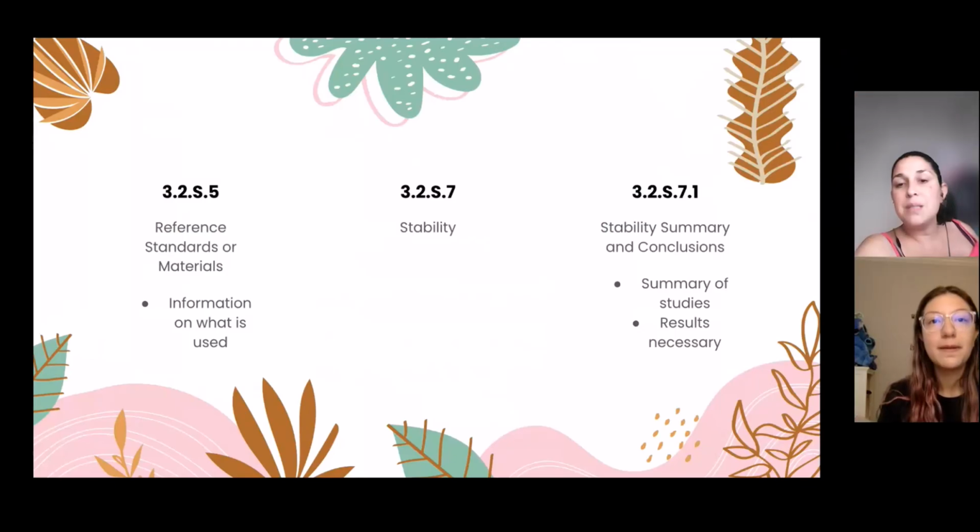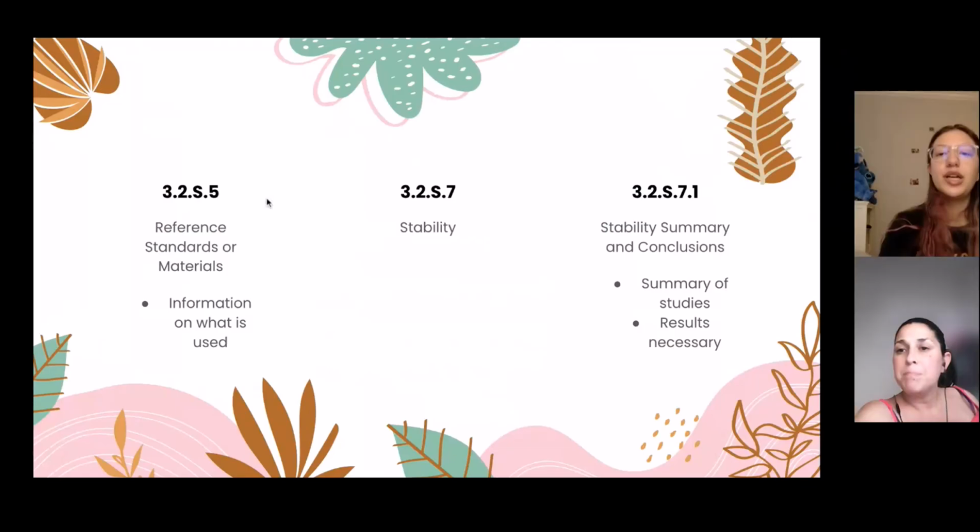But this is different, for example, from the part where you are providing experimental data. What is the difference with the last section, the summary of study results? The part that is the summary of studies and results is specifically looking at the stability of the product.